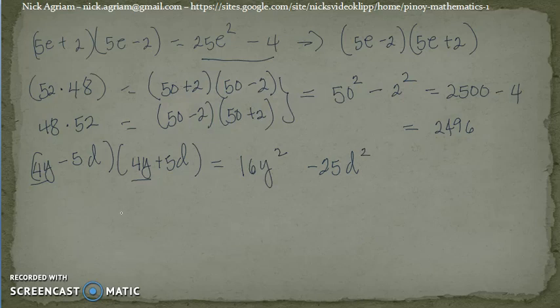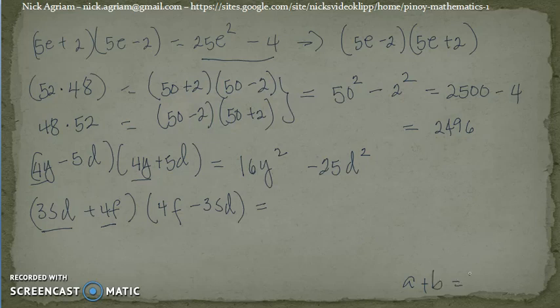Let's see some more. Number 4 in the Let's Practice. 4f plus 3sd, and then we have 4f minus 3sd. Don't be confused again. I will change the arrangement of this. Always remember that real numbers are commutative in addition.